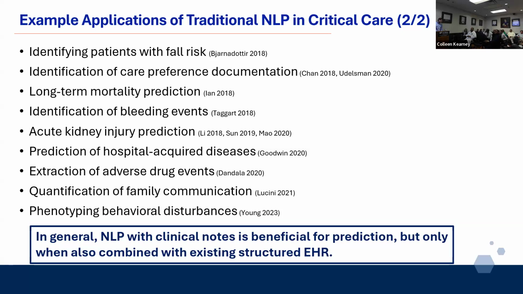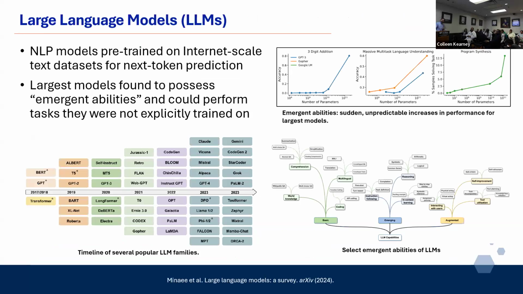But the bottom line is that most of these studies show the same thing: the text contained useful information, but only when it augmented the existing structured EHR, which we call flow sheets and things that are in Epic, basically a dump from that.